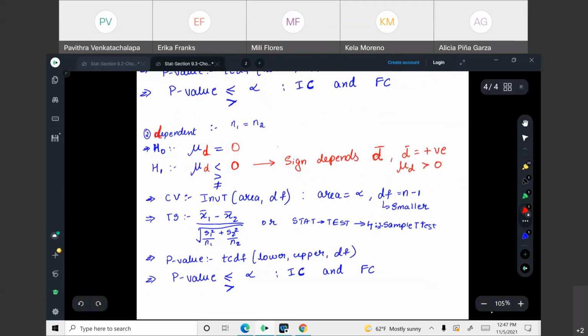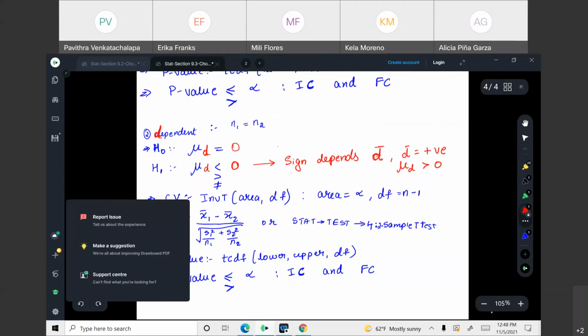Okay, so once you are done with that, the second step is the same. No change in the second step. Now, the only change is with the df. You have only one df, so you don't have to compare, or you don't have to take a smaller one. So once you are done with that, next thing is to find the test statistic.